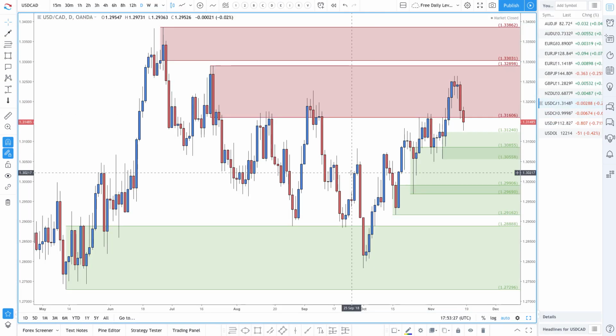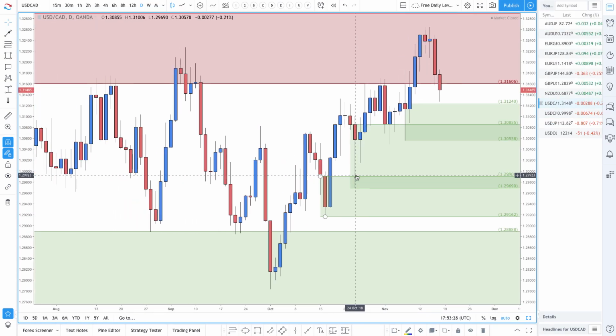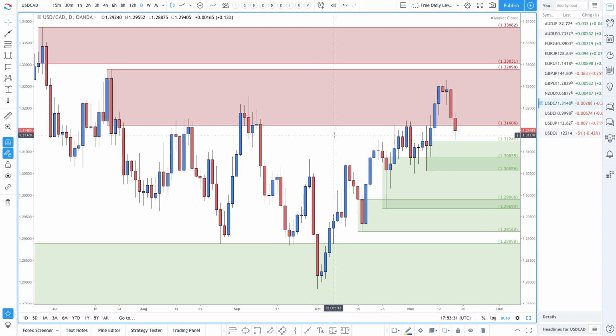Dollar CAD is also one where the Bank of Canada raised interest rates, but it's been slowly weakening against the dollar, and really it's because of oil. If you look at an oil price chart, and in fact, let me go to oil.